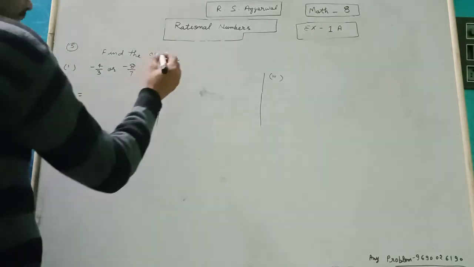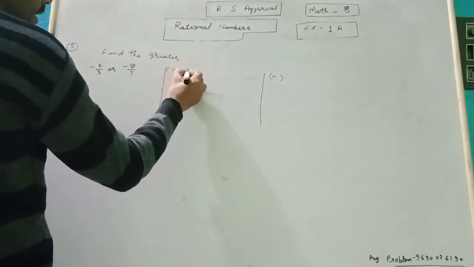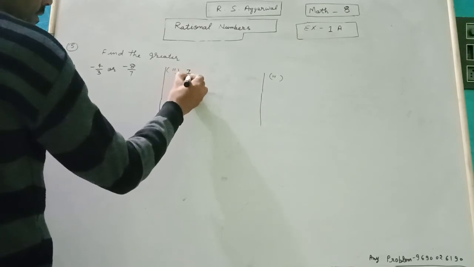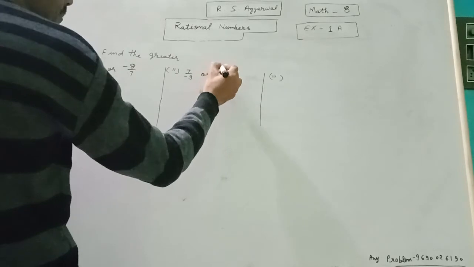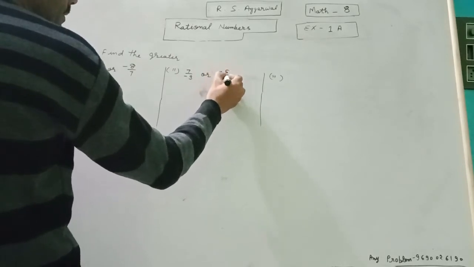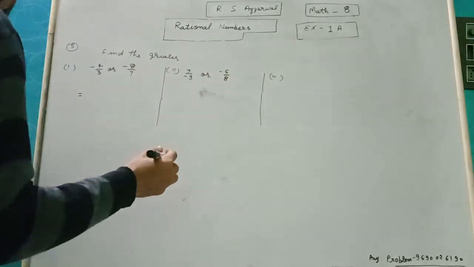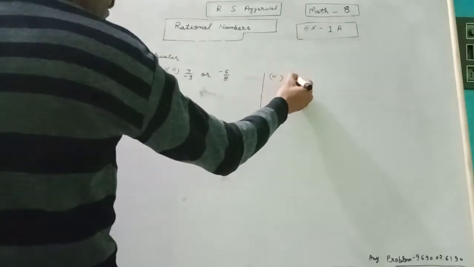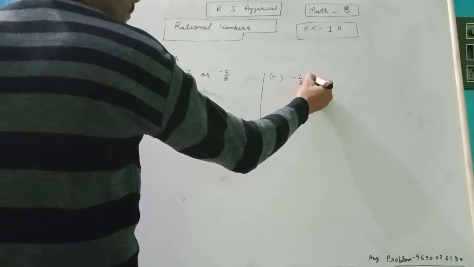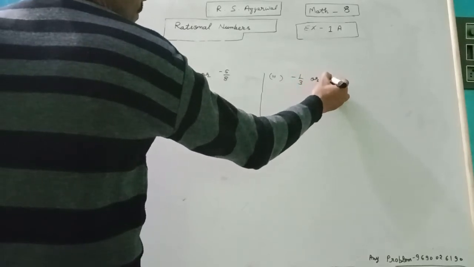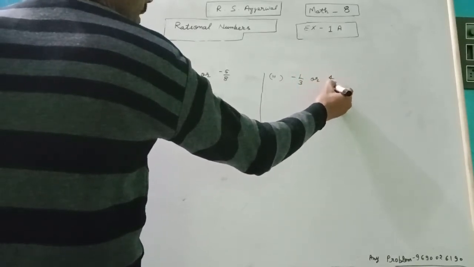Second part is 7 upon minus 9 or minus 5 upon 8. Third part is minus 1 upon 3 or 4 upon minus 5.